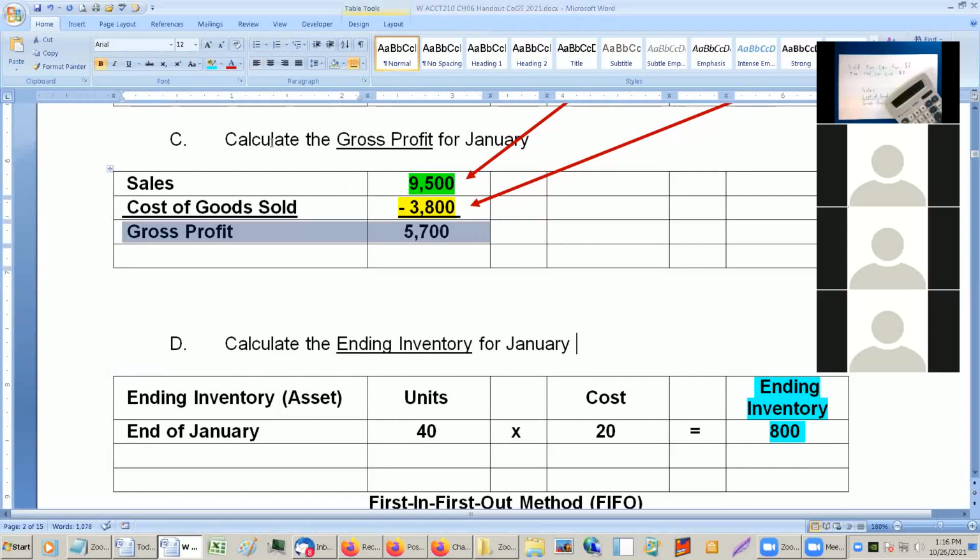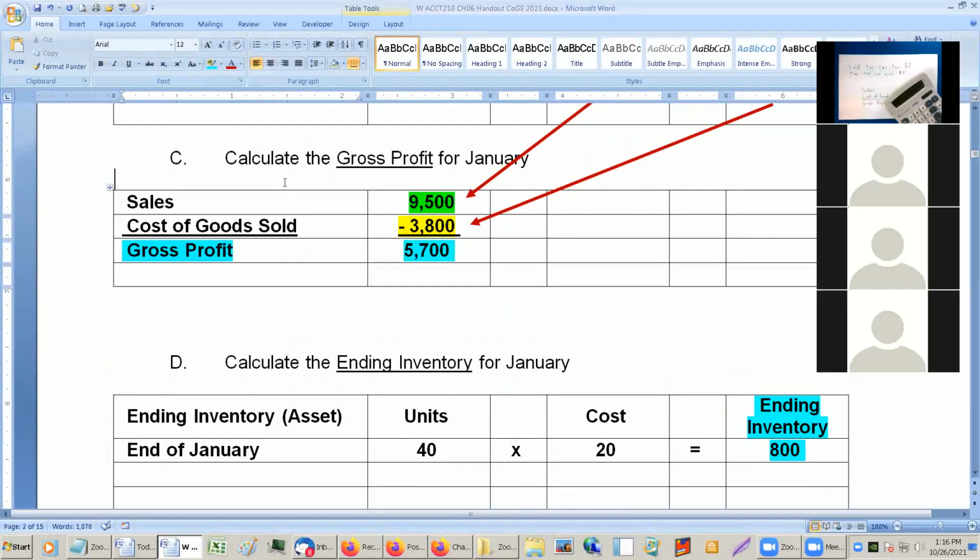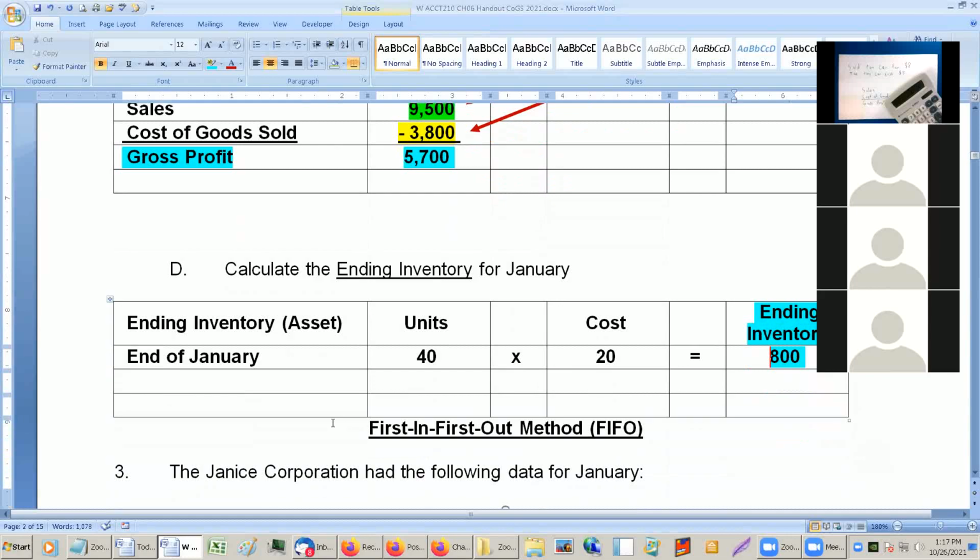So this would be on the income statement, showing a profit of that. This would be in our ending inventory. Question on that?